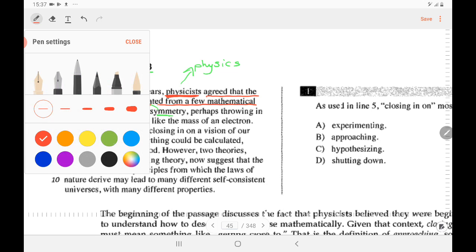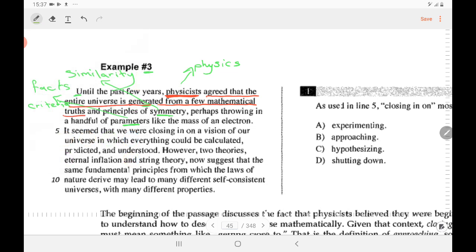Okay, let's get back. It seemed that we were closing in on a vision. The second sentence usually will explain the first. We'll paraphrase it. We'll emphasize it.